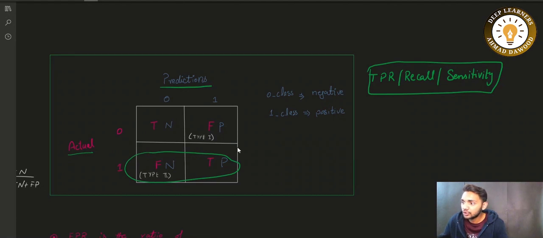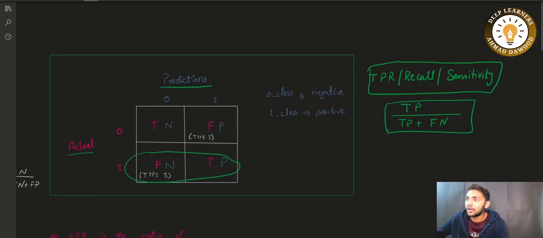That is true positive divided by true positive plus false negative, which covers all the positive instances.